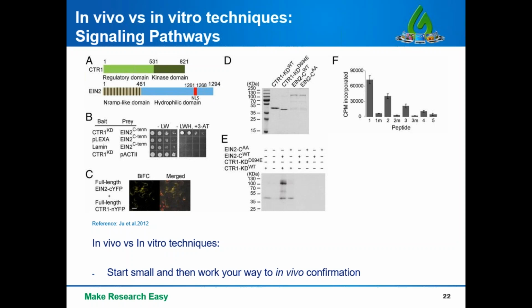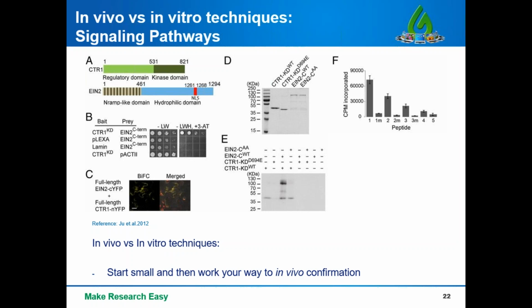In figure C, we also found some level of confirmation that they interact in a natural plant cell by transfecting tobacco leaves with a BiFC method, and we saw fluorescence when they were transfected into leaf cells, indicating that they also interacted within tobacco leaf cells. We were also able to do, in figures D and E, an in vitro kinase assay involving the kinase domain of CTR1 and the hydrophilic domain of IN2.